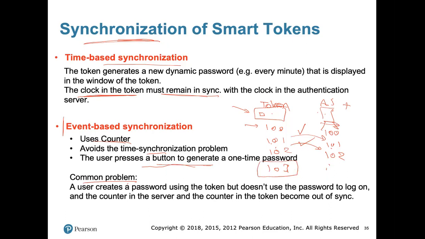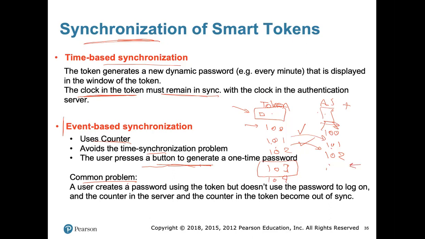But for some reason, I don't use that password, and I don't send it to the server. That password might be lost at some point, or I may lose it. If I press the button another time, now another password is going to be given to me based on the number 104, and the server is waiting for a password based on 103.